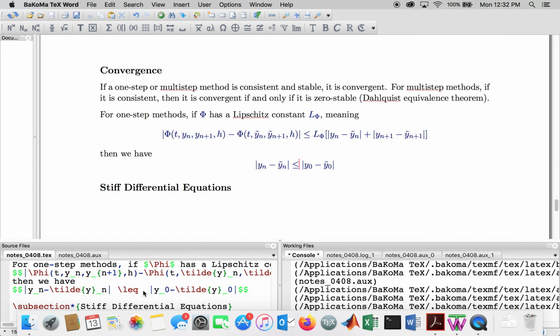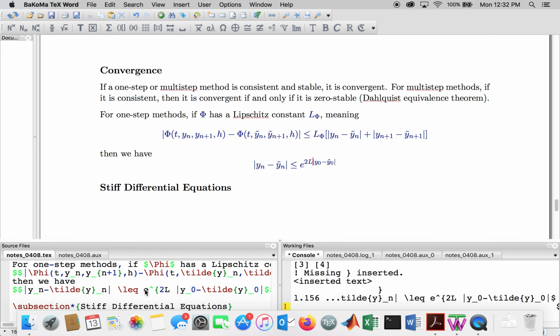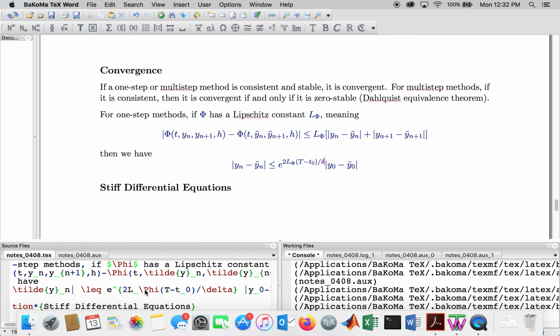Sorry, I need to go back to my notes a little bit. So I have an exponential constant that's e^{2 L_phi (t minus t_0)/delta}. So that's the stability part from before.